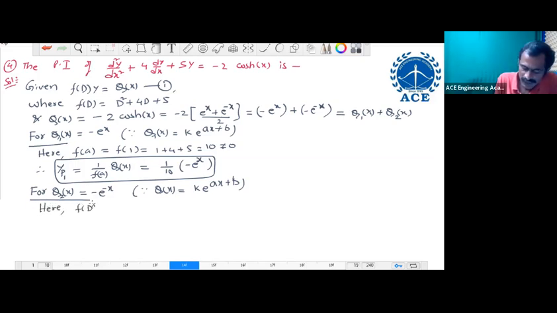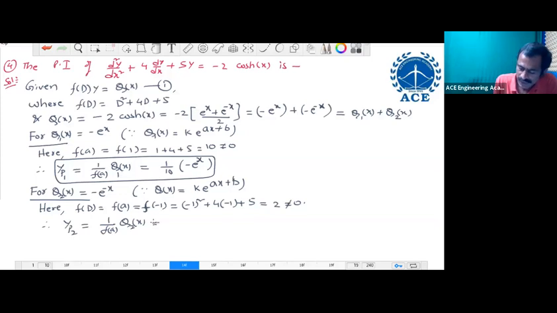So we check f of a equal to f of minus 1 equal to minus 1 square plus 4 into minus 1 plus 5, that is 1 minus 4 plus 5, equal to 2, not equal to 0. Therefore, y suffix p2 equal to 1 by f of a times q2 of x, equal to 1 by 2 into minus e power minus x.